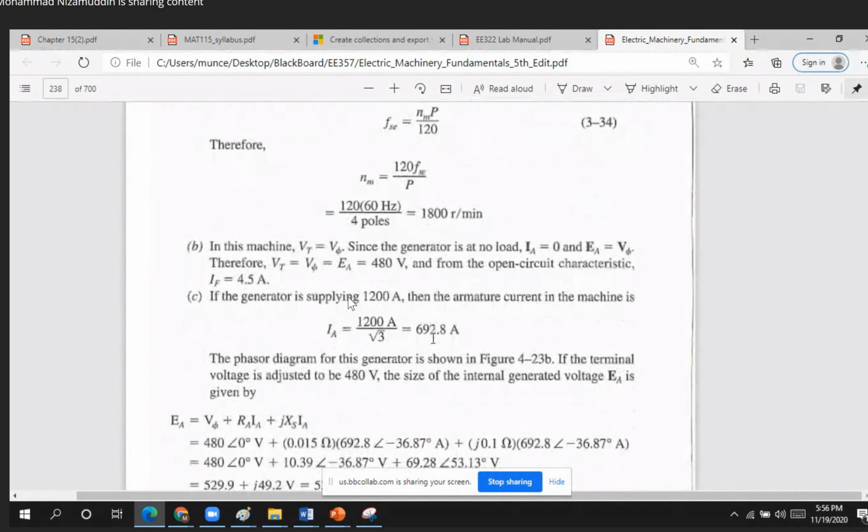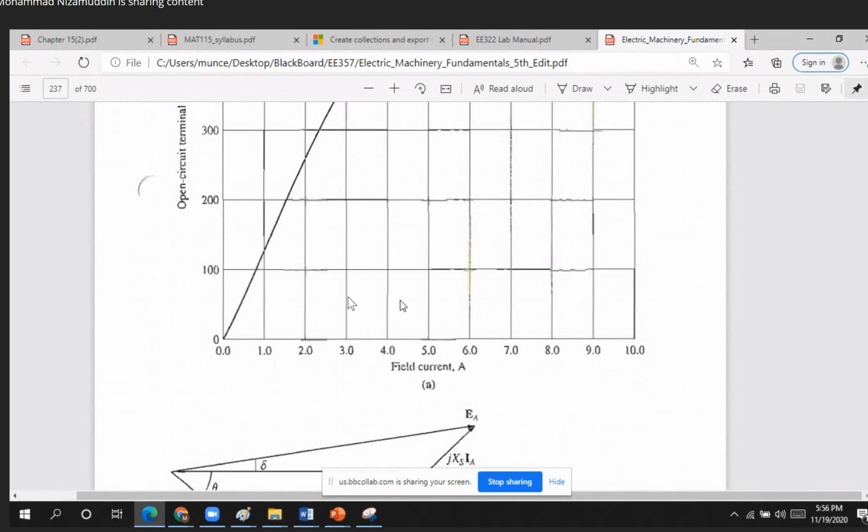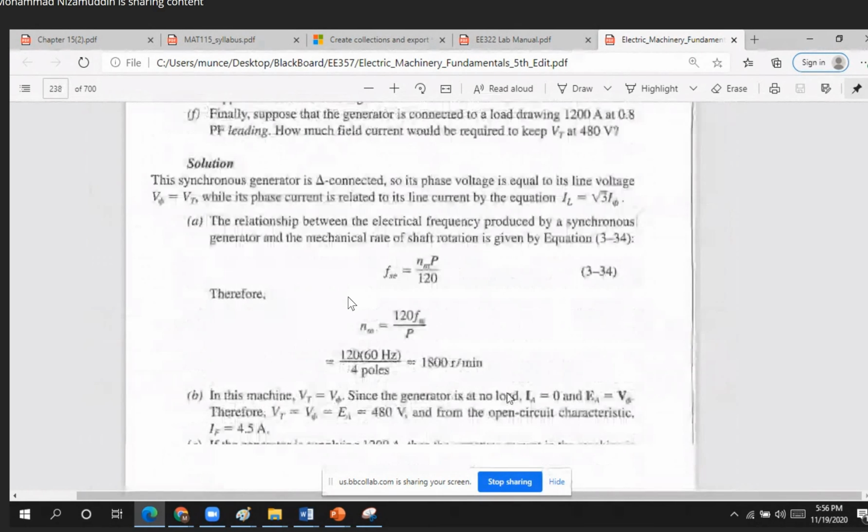For the first one, terminal voltage and phase voltage are the same. At no load, IA is 0, E_A is V_phi, whatever, 4.5. They pick 4.5 for the field current from here, considered as 480.